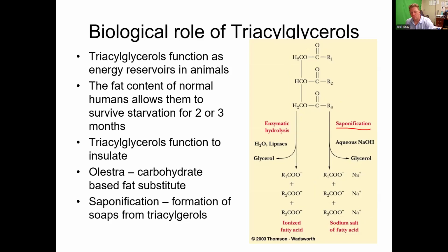They're like one of the Fortune 5 companies in the world, and not 500, Fortune 5 or Fortune 50 at least. And they got their start with this process of saponification.